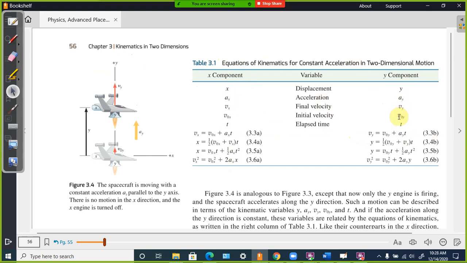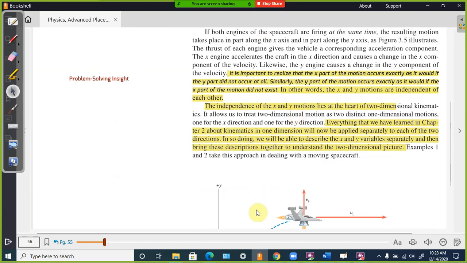Because we have accelerations and velocities and displacements for both the x's and the y's. Really, the only thing that's the same between the two of them is going to be time, okay? Notice the kinematic equations are the same. It's just that we switch the x's and the y's. So everything's still the same from previous sections, except now we're going to bring it all together, okay?